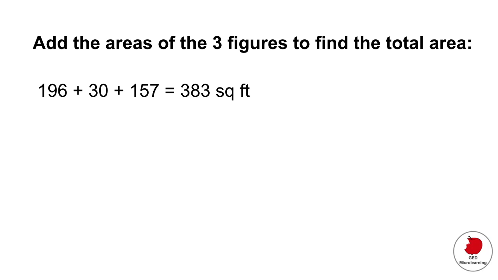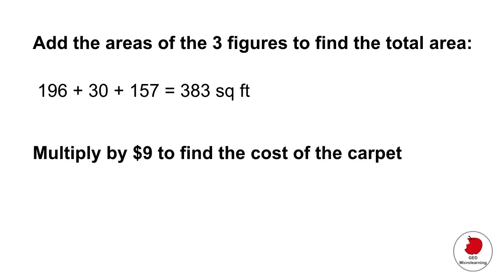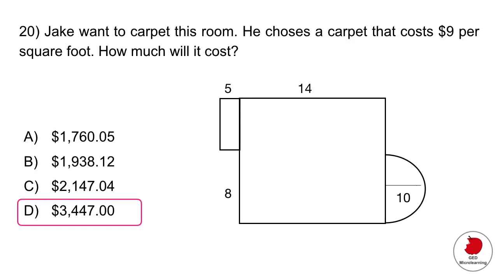And remember that in the question they're telling us that 1 square foot of carpet costs $9. So you would multiply that number by $9. Okay, so 383 multiplied by 9 gives you 3,447. So your answer would be answer D.